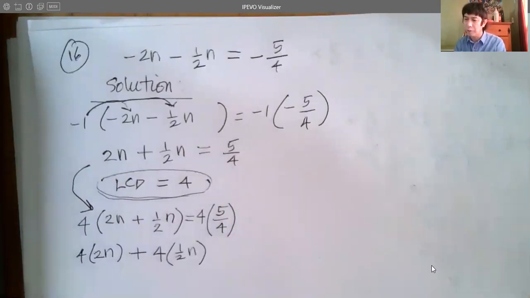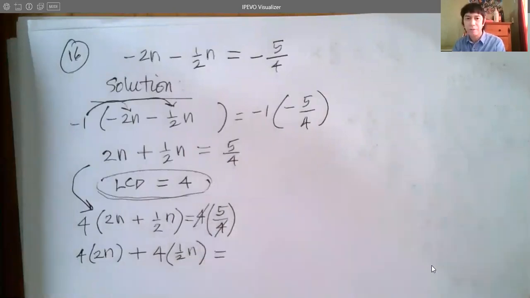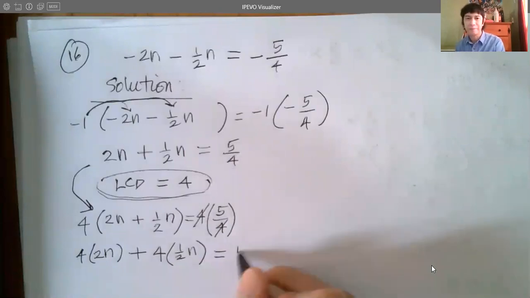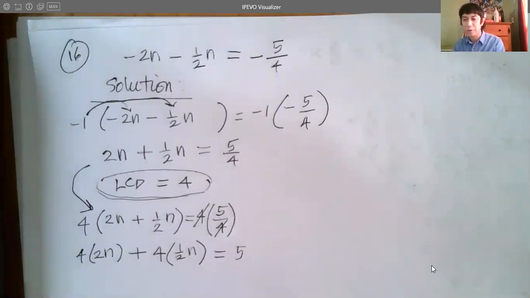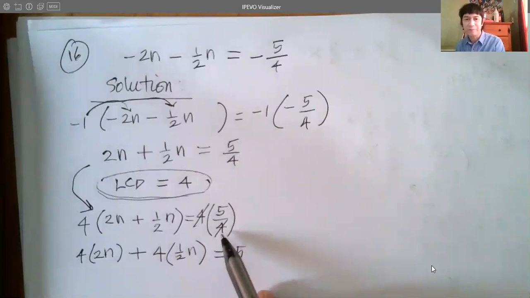So you see, we distributed the 4 there. And on the right side, you simply cancel out the 4s. 4 cancels out with the 4, and we will just have 5 there. You can also think of this as 4 times 5, 20. 20 divided by 4 is 5 there.